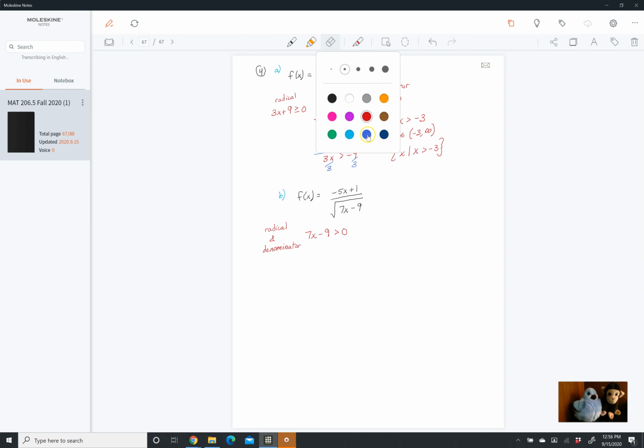Okay, so 7x minus 9 is greater than 0. We're going to add 9 to both sides. Seven x is greater than 9. Divide both sides by 7. And x is greater than 9 over 7.